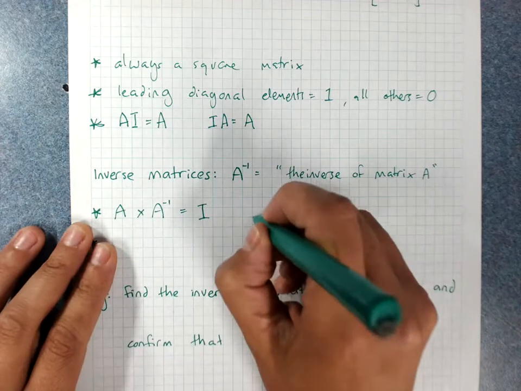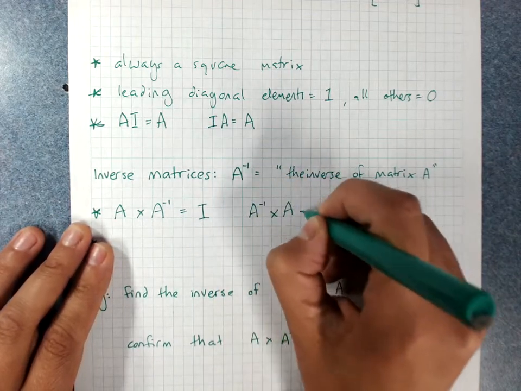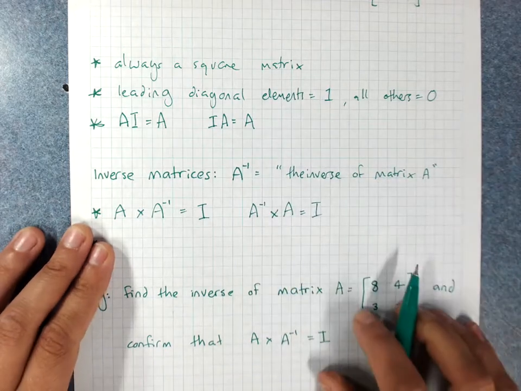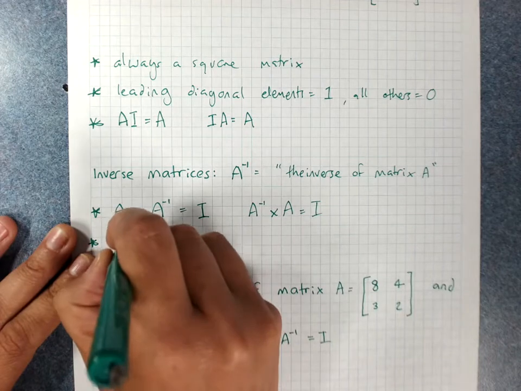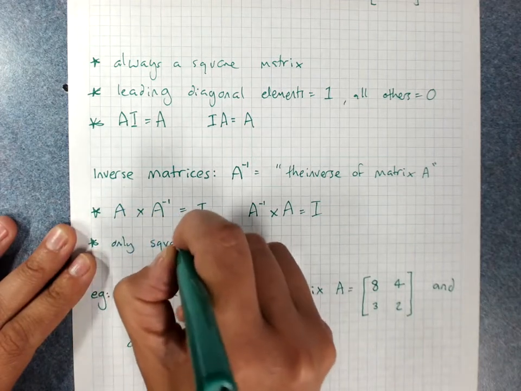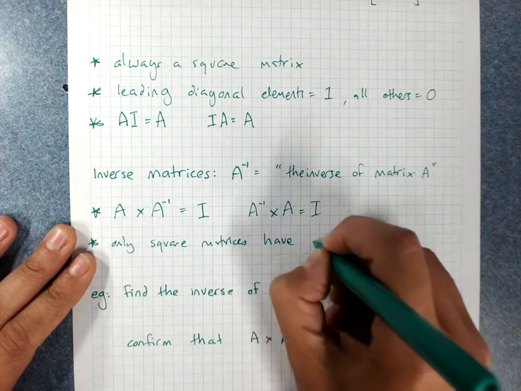And this is also commutative. The inverse of A times A still equals the identity matrix. And only square matrices have inverses.